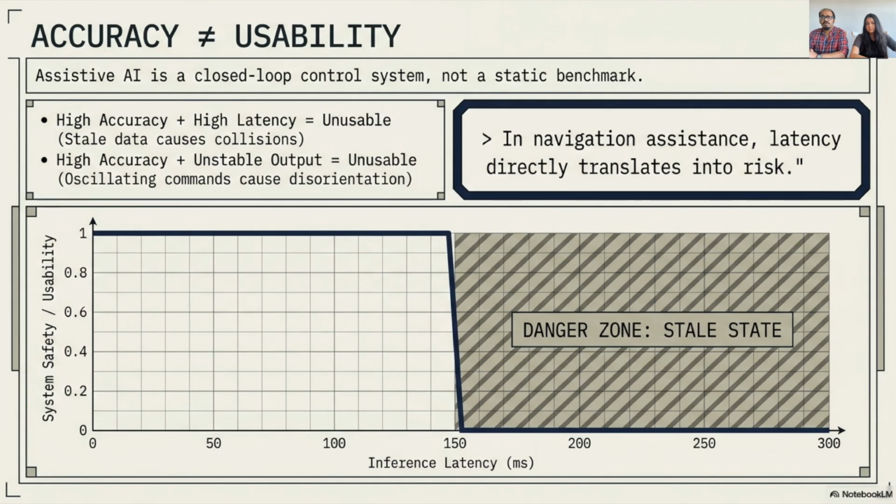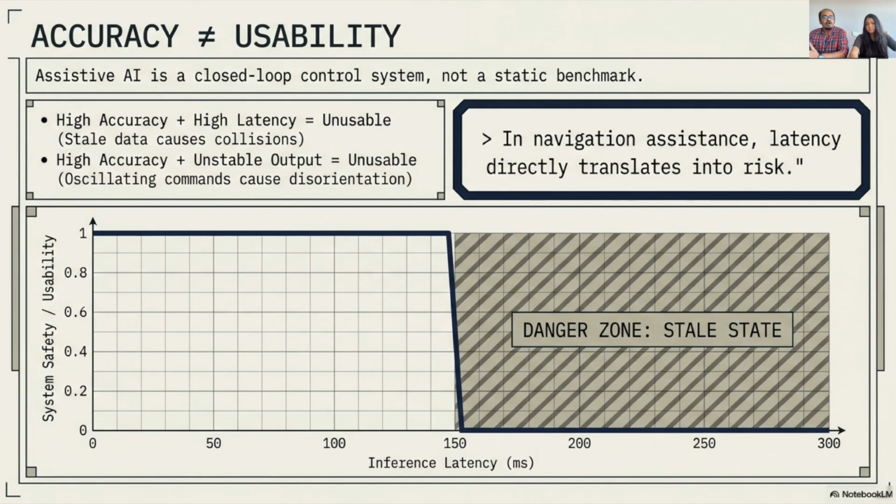The model's output is consumed by someone moving through the space at roughly 1.4 meters per second. And 2 failure modes appear that have no analog in benchmark evaluation. First, high accuracy plus high latency equals unusable. If the model is perfectly correct about where the obstacle was 300 milliseconds ago, the user has already taken a step.